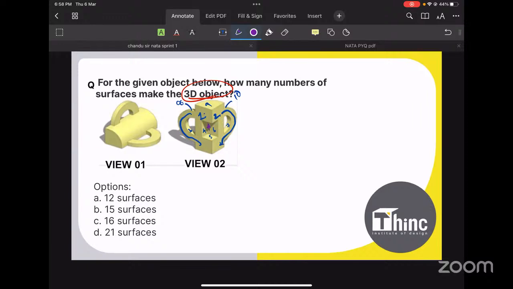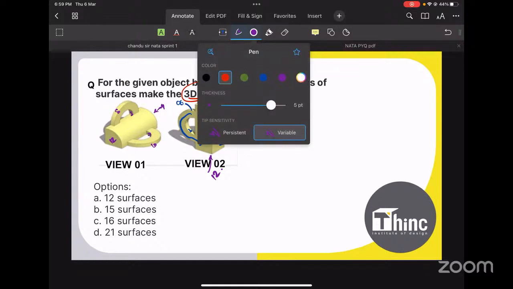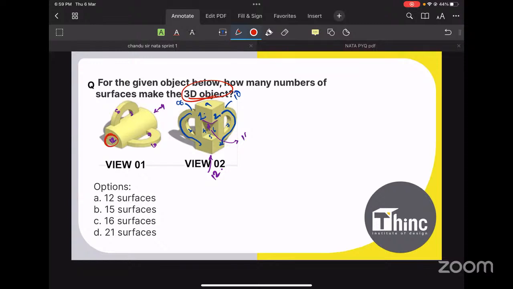Here one under this, that is 11. Here one, 12. You can retrace that 12 to here, that 8 to here, that 10 to here, that 9 to here, and even 3 to here, 7 to here. All those are fine. Those were not visible earlier. We counted up to 12. Then 13, 14, 15. 15 surfaces.